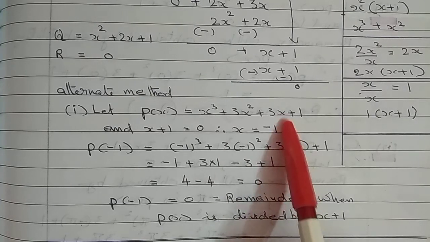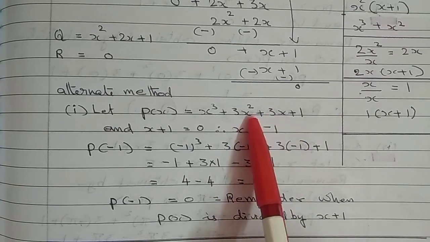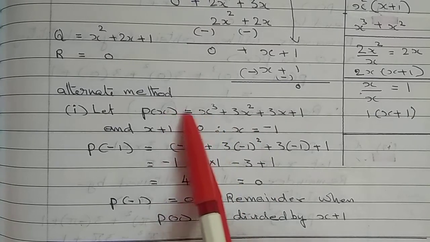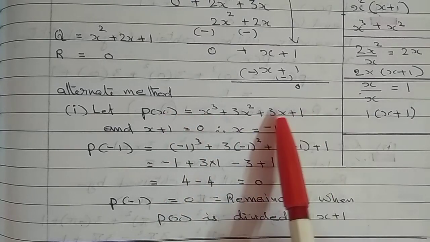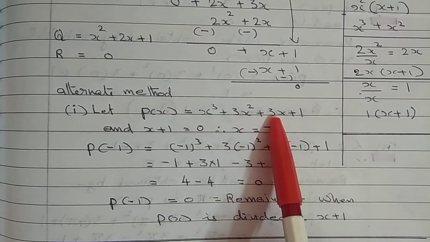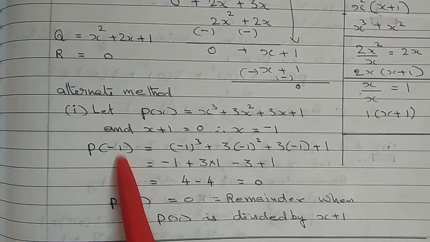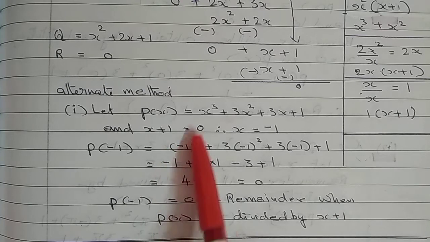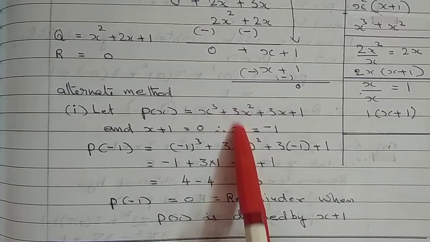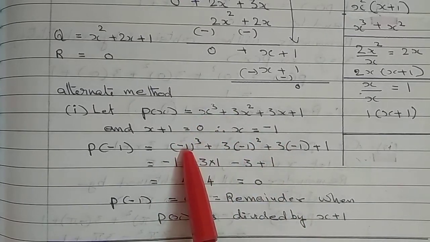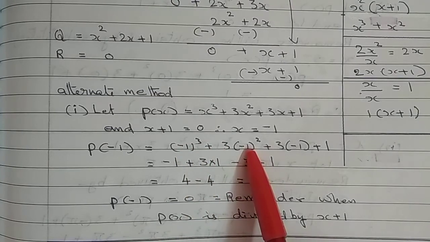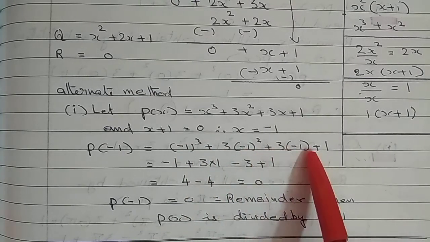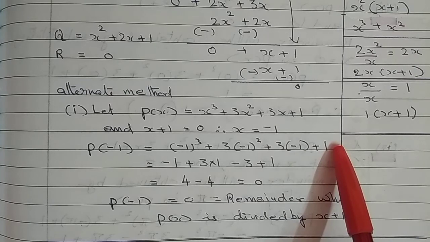Now substituting the value x equal to minus 1 in the given polynomial, we will get p of minus 1. P of minus 1 equals, now replace x by minus 1 everywhere: minus 1 cube plus 3 into minus 1 square plus 3 into minus 1 plus 1.